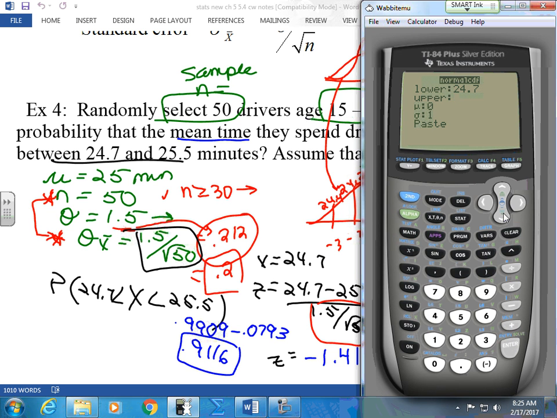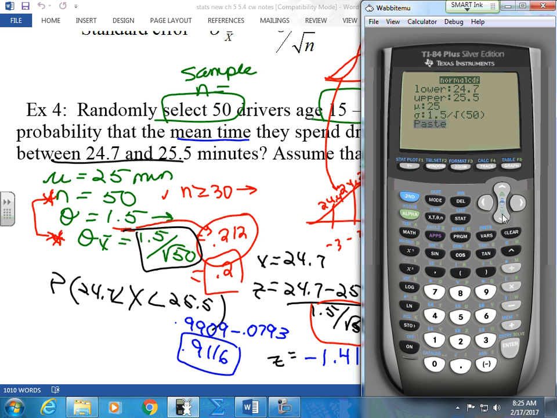Your upper limit, give your other x value, 25.5. And for the in-betweens, it's really nice on this. The mean, 25. Standard deviation, you've got to give the sample one: 1.5 divided by, put this in, let the calculator worry about it, the square root of 50.